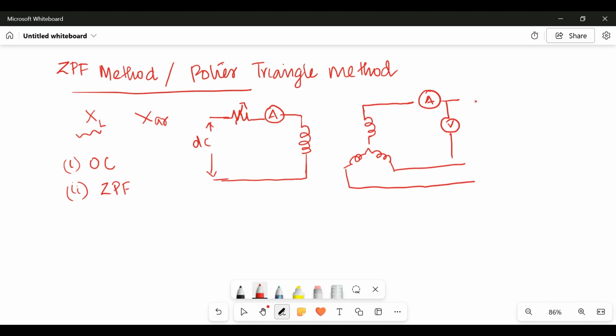Here we have a purely inductive load connected across the TPSC switch. This is the variable inductive load.